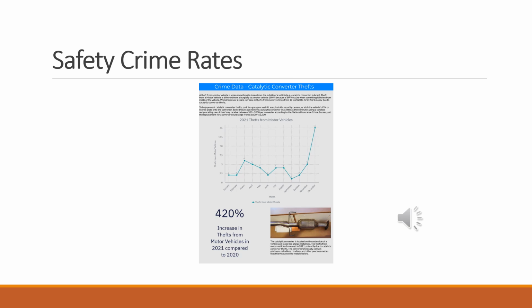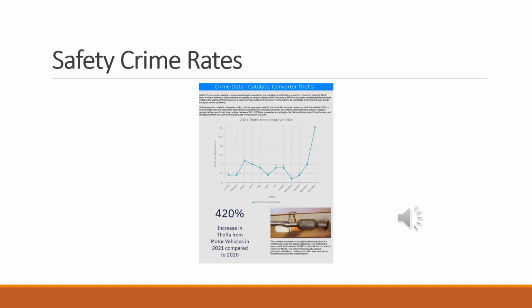Woodridge saw a sharp increase in thefts from motor vehicles from 10 in 2020 to 52 in 2021, mainly due to catalytic converter thefts. To help prevent catalytic converter thefts, you should park in a garage or a well-lit area, install a security camera, or etch the vehicle's VIN number or license plate onto the converter.